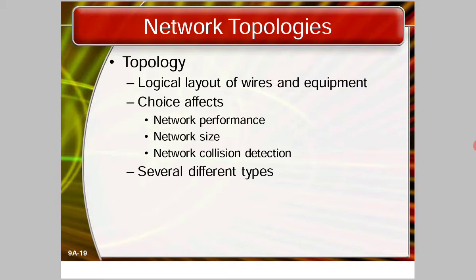Topology is generally a logical layout of wires and equipment. The choice affects network performance. What are the different options? Network performance means the speed, network size means the number of nodes, and there is network collision detection, of several different types.